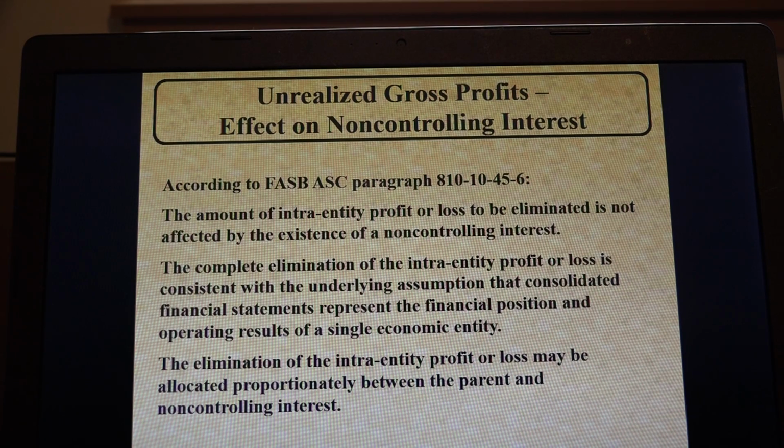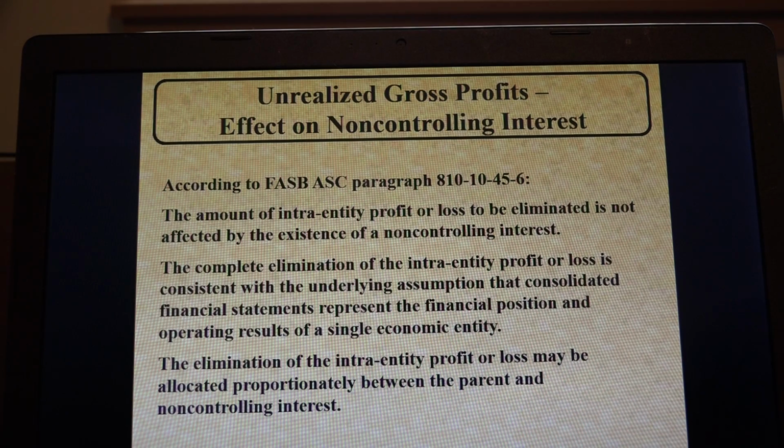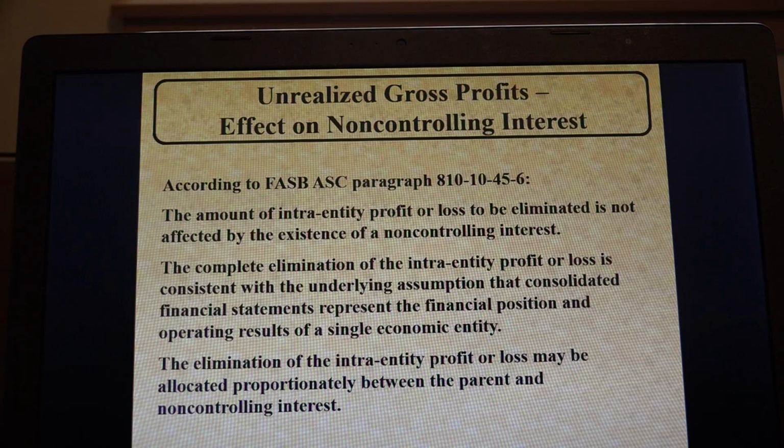And so, first thing we want to do is look at some wording here from FASB in paragraph 810-10-45-6, which gives some guidance on how you treat intra-entity transactions where you have unrealized profit at the end of a period.